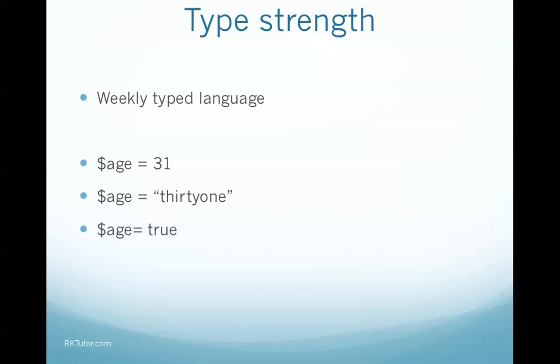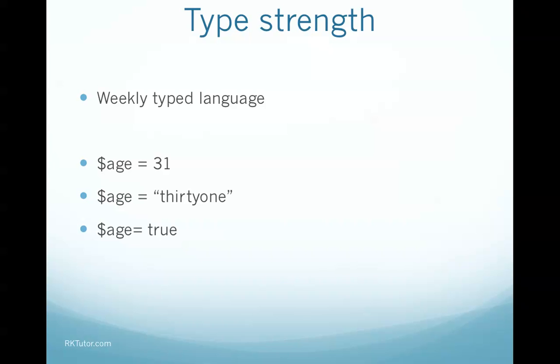For example, here $age initially I assigned 31, so that means $age now holds an integer value. Then I can assign $age some string like '31'. Now it holds a string. Now I assign $age true, that means now it holds a boolean.